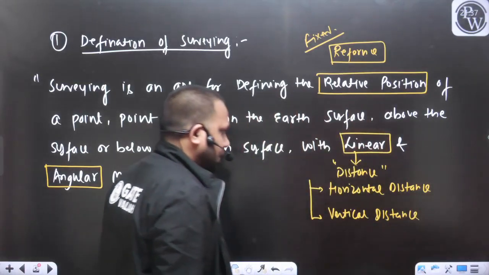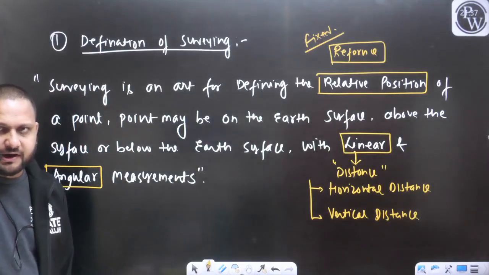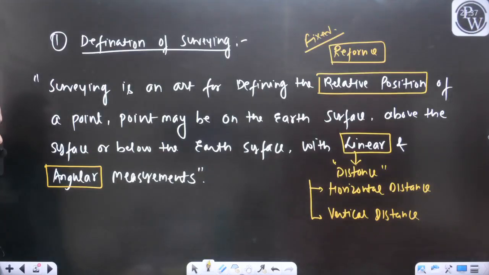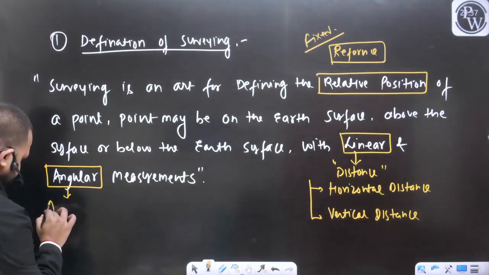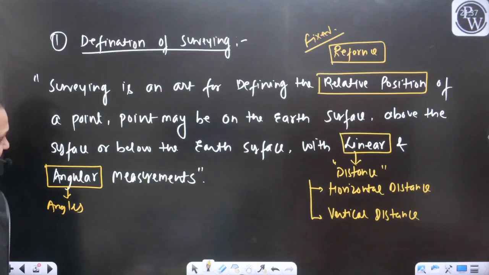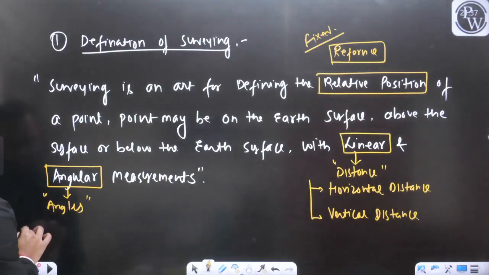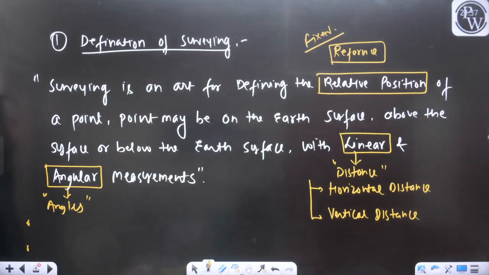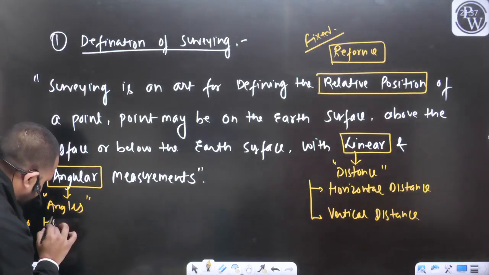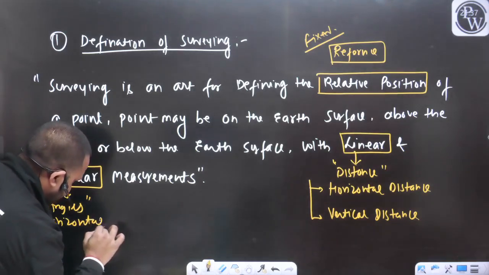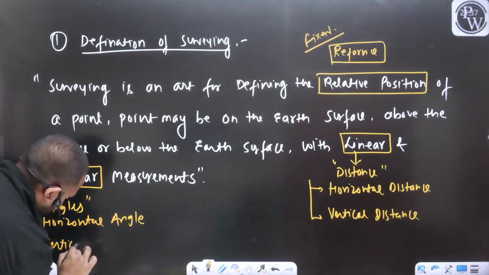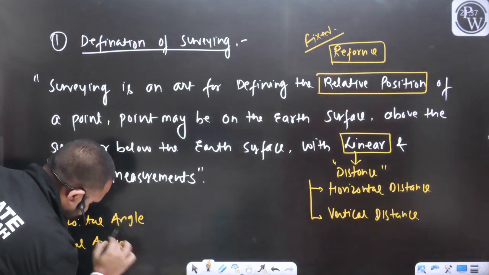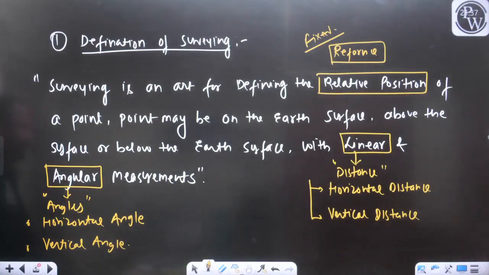Similarly, angular measurement deals with the measurement of angles, and here also we will measure two types of angle. One is going to be the horizontal angle and another will be the vertical angle. Horizontal angle and vertical angle.